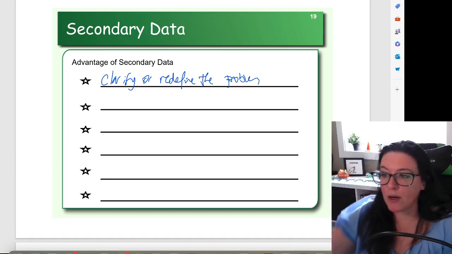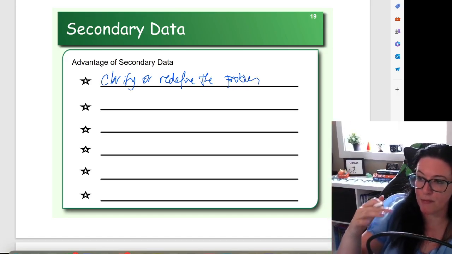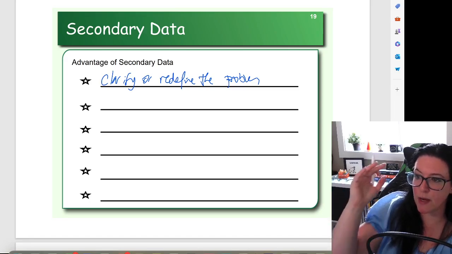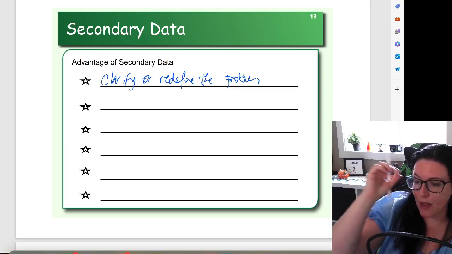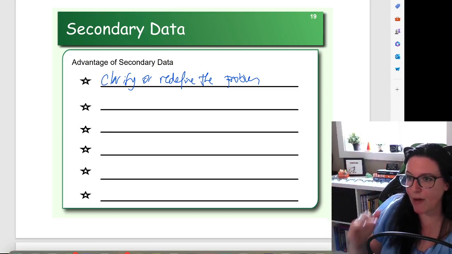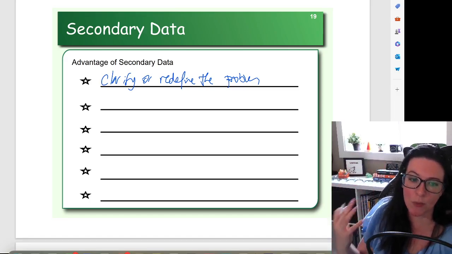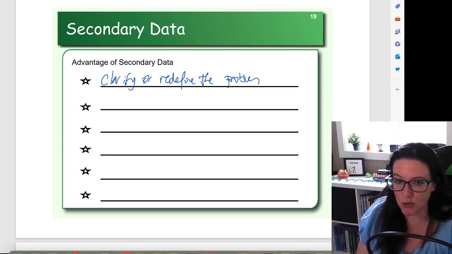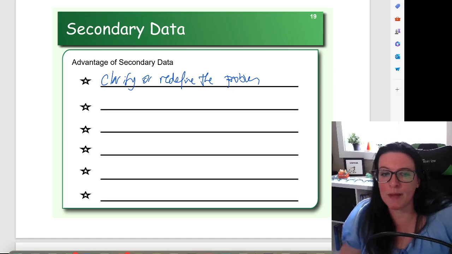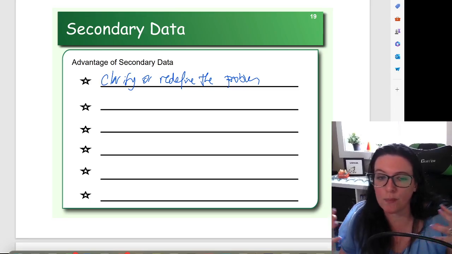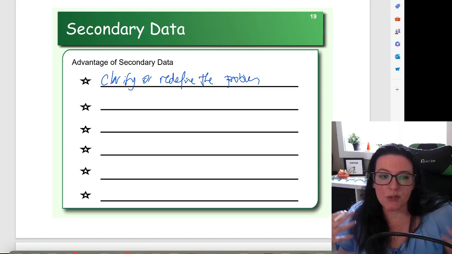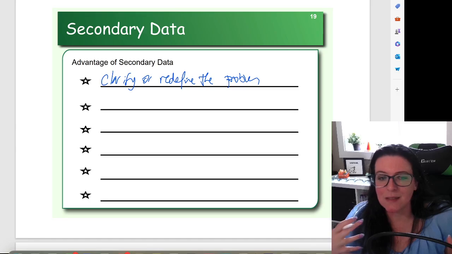We talked about in our process flow of the whole research process, exploratory analysis early on to help us clarify or redefine the problem, understanding really what's at issue, the additional context, the environment in which a decision is made, and what other people have done. For example, we could look at what has happened in the past.